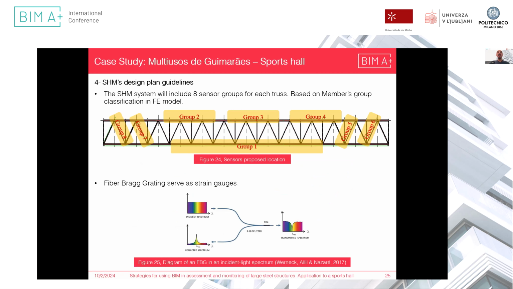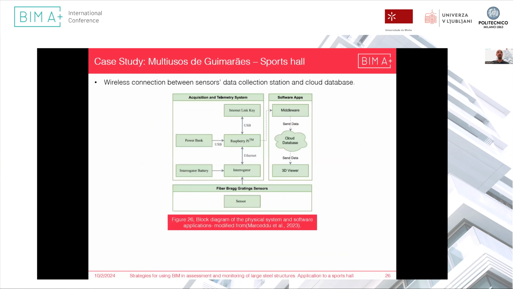For developing the structural health monitoring plan, using the data from the structural model, we proposed 8 sensor groups at the most critical locations. Also, we suggest using FBG sensors for monitoring the strain values.